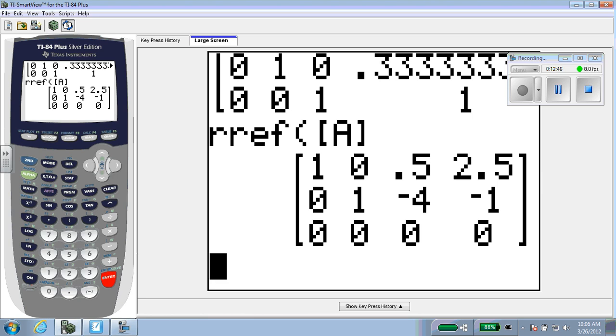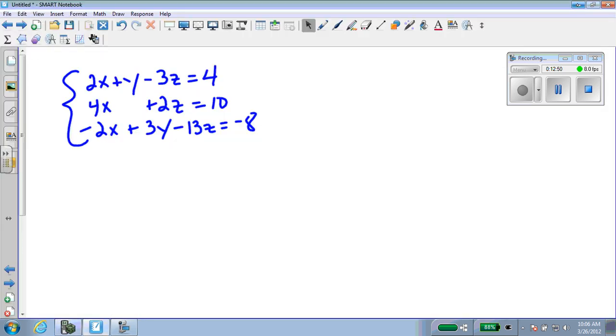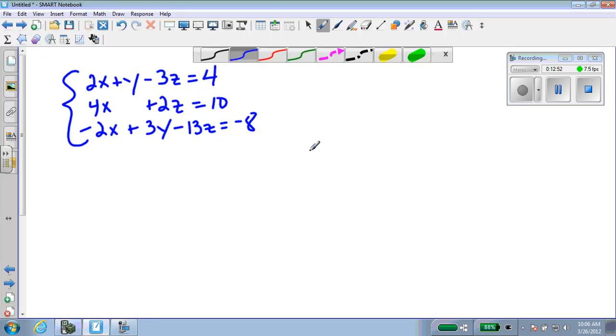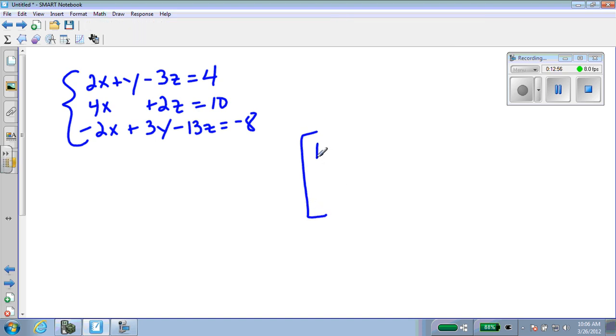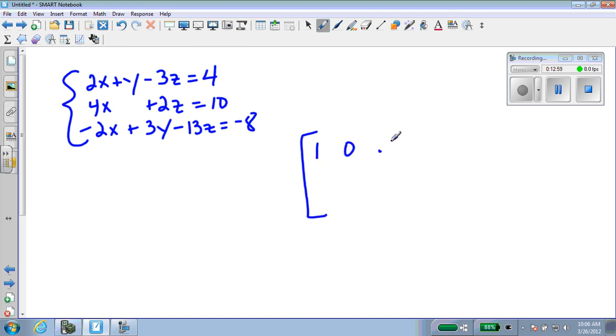So let's actually take a look at that. Okay, so the matrix it spit out gave us 1, 0, 0.5 with 2.5, 0, 1, negative 4 with negative 1, and 0, 0, 0, 0.